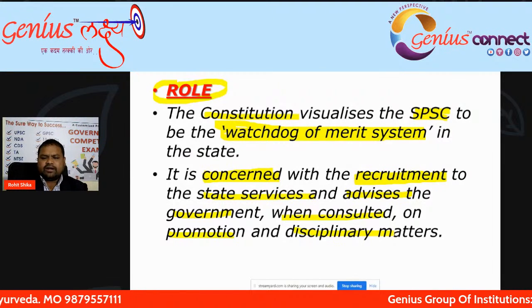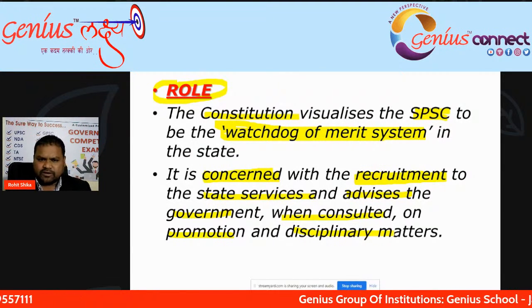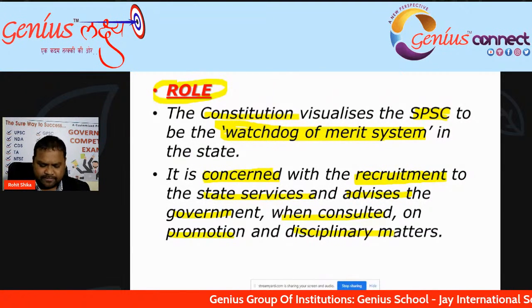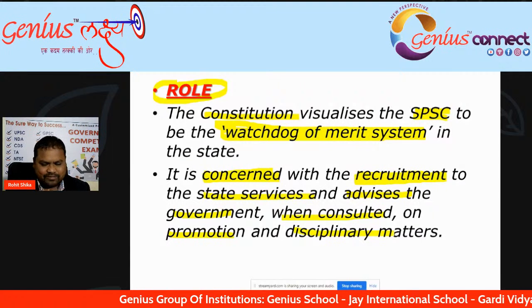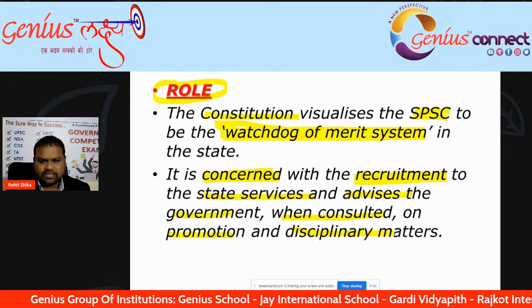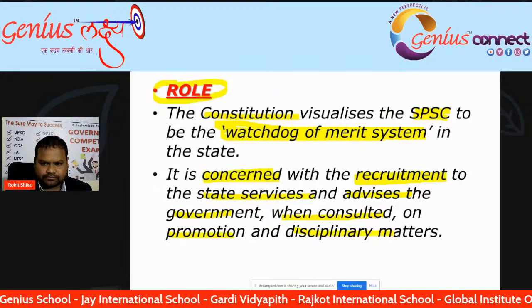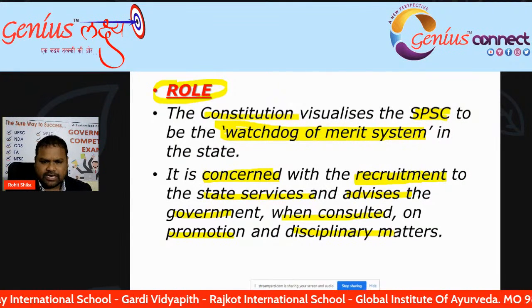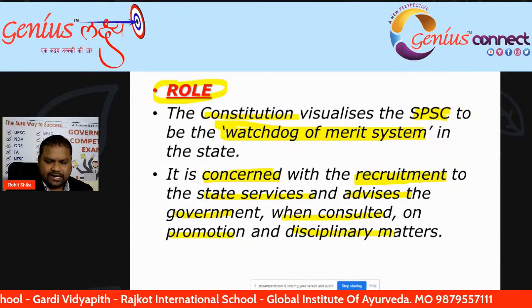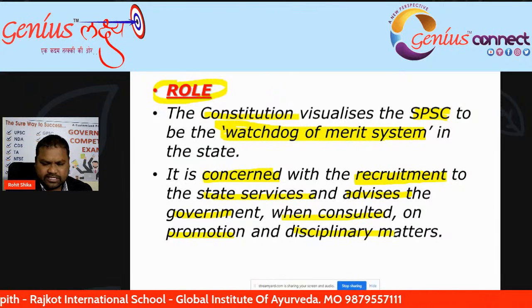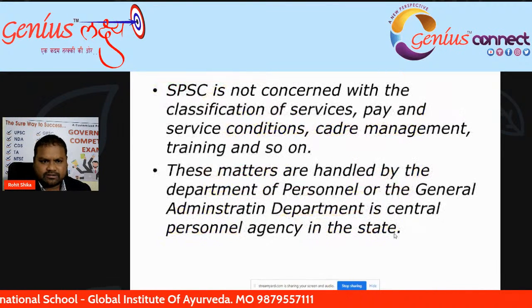So when the government takes the advice of the State Public Service Commission, then it advises the government regarding the state services, the promotion, and the disciplinary matter.